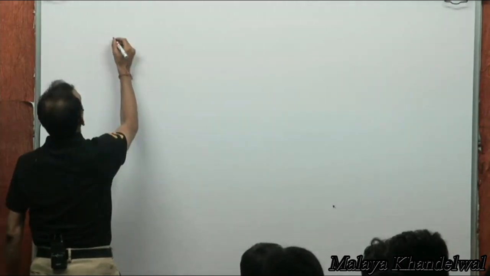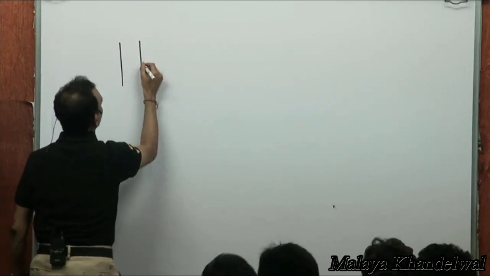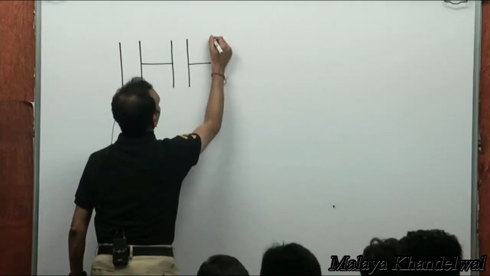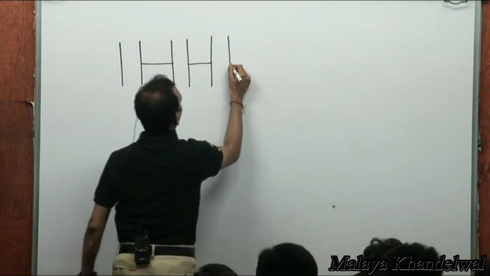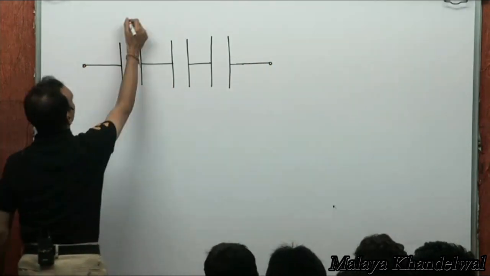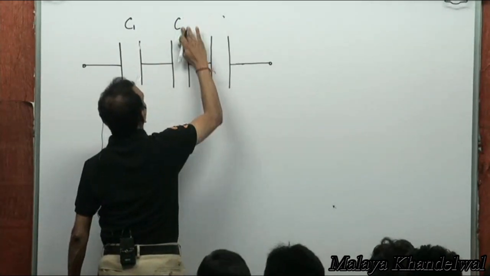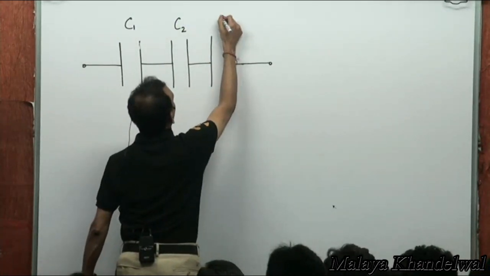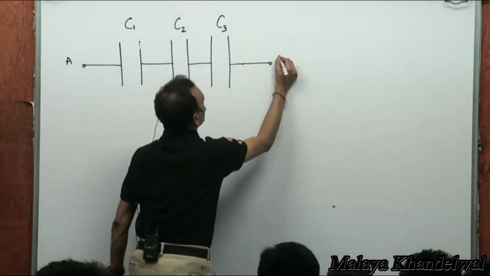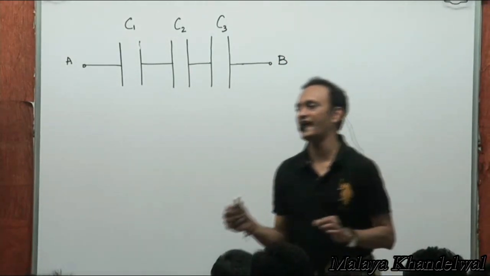Say there are these three capacitors, capacitances C1, C2, C3, connected between points A and B. There are these three capacitors C1, C2, C3 connected between 2 points A and B.